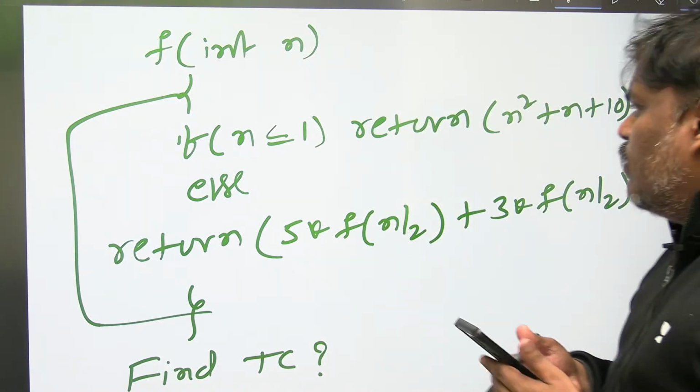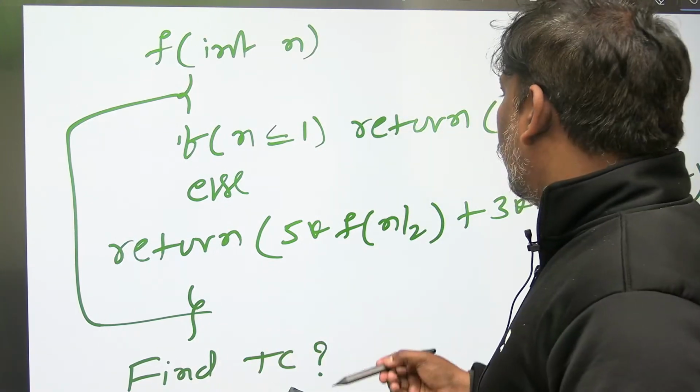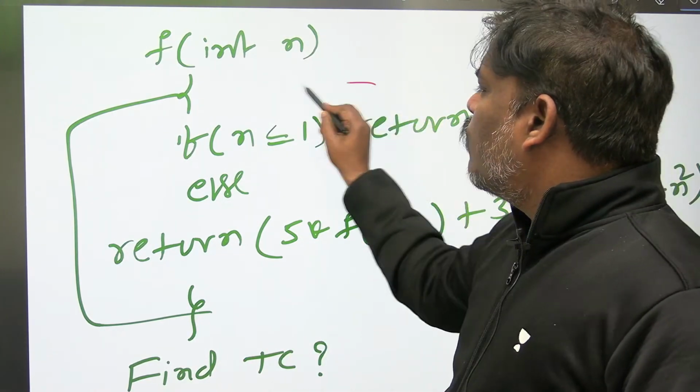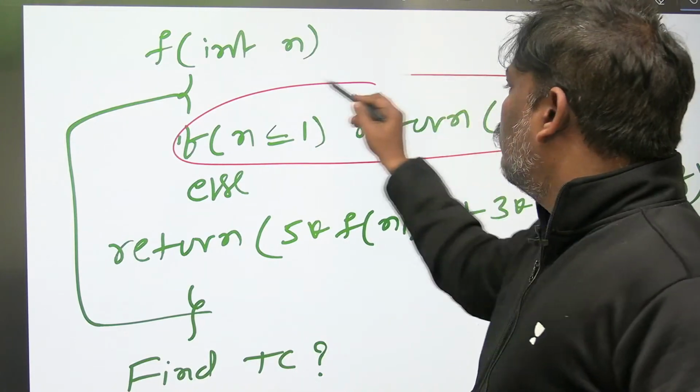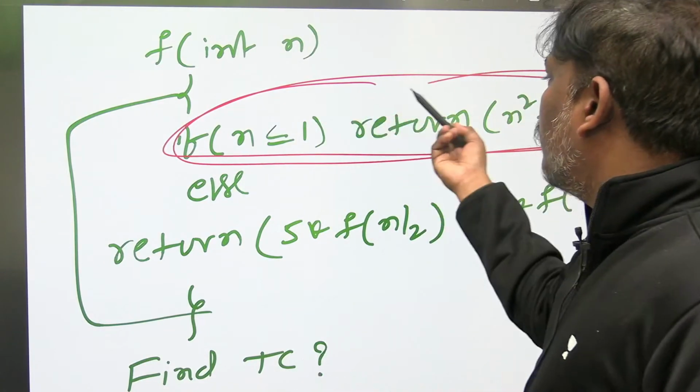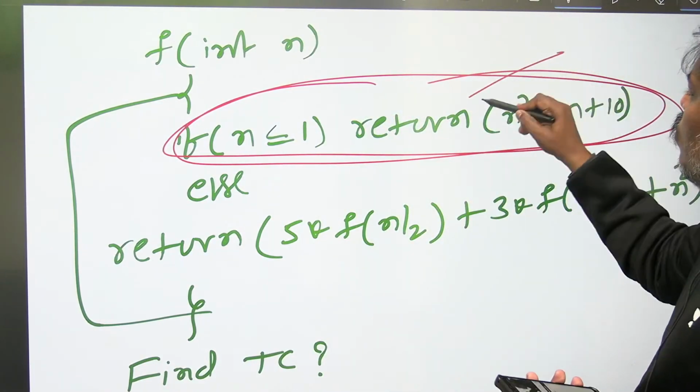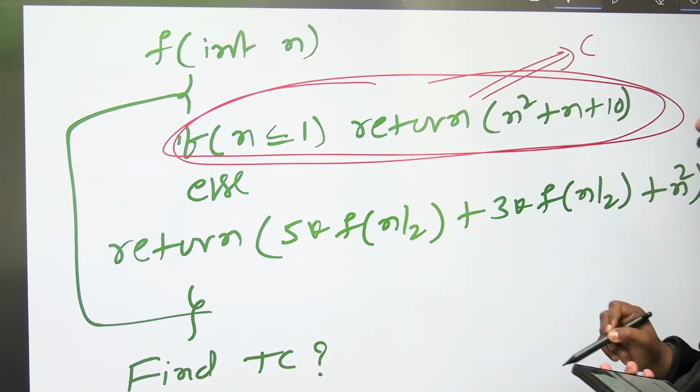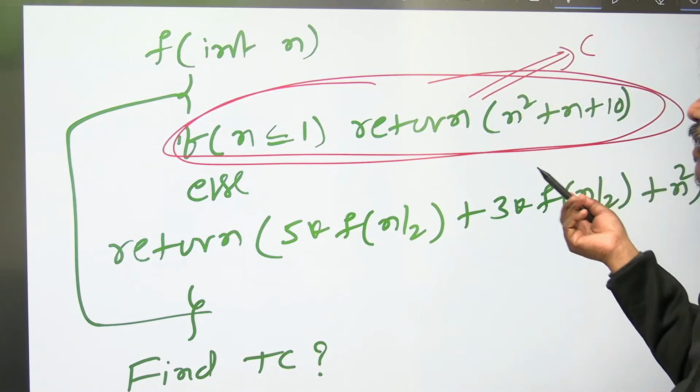Now see this. The if condition, no need to check, because there is no function call and no loop. It is constant. The if is not required, because it is anyhow constant.